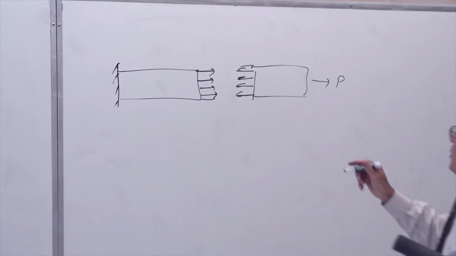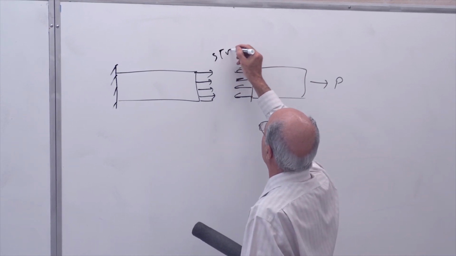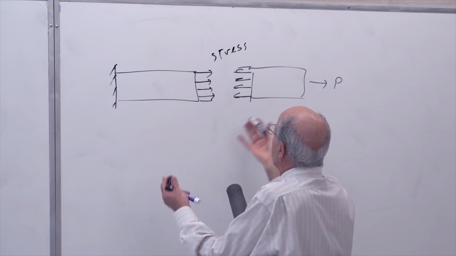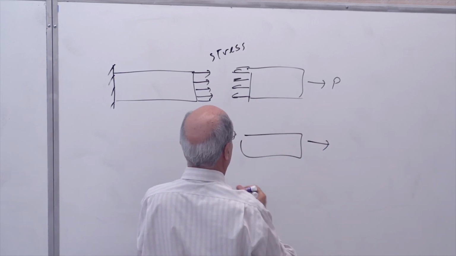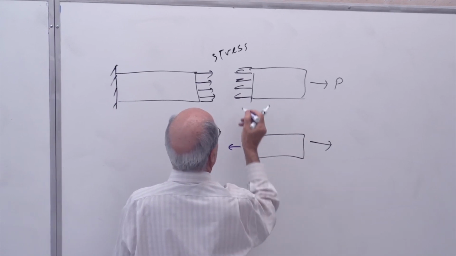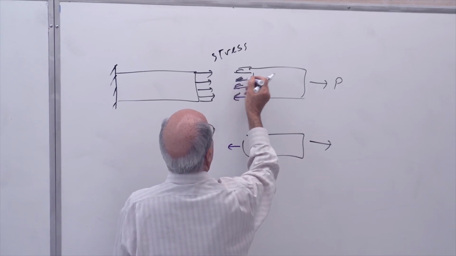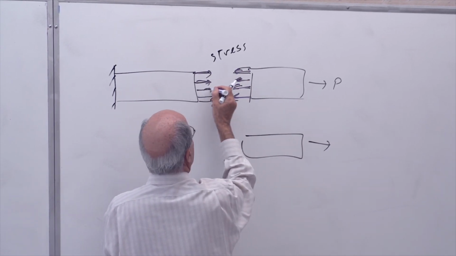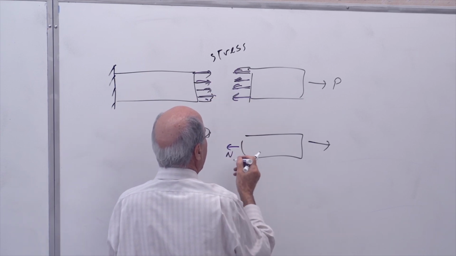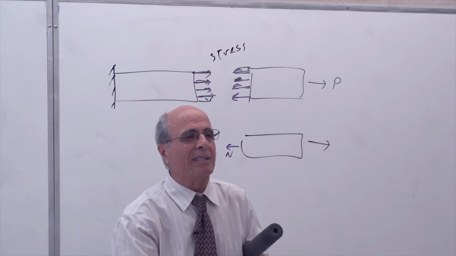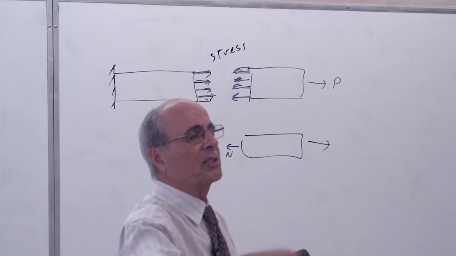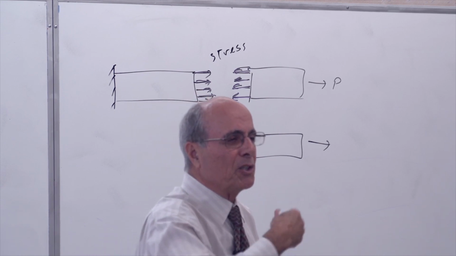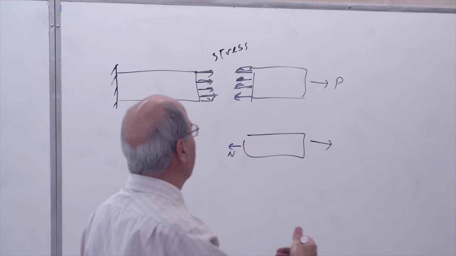So inside the body is stress, but since this is difficult to show, then we show P, and here I call it N. Maybe I should show that in color as well. Everybody see what I'm talking about? So this is the N, but this N doesn't exist there. That N is in the form of stress, and that stress is uniformly distributed over the entire area.